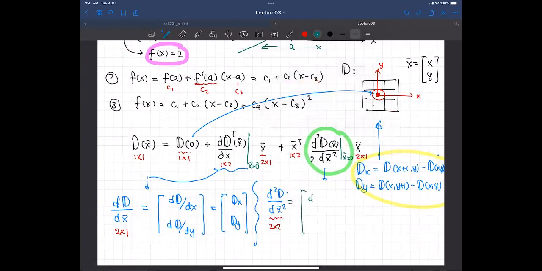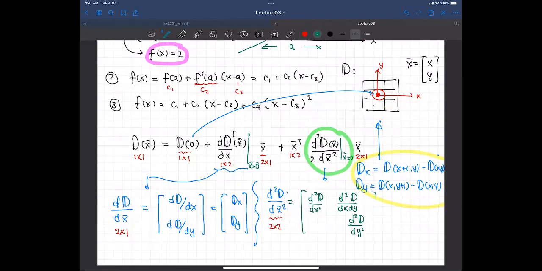d squared D divided by dx squared, right? And this one here, the other corner, d squared D over dy squared. Anyway, the others are d squared dx dy, or dy dx perhaps, dx dy is fine.